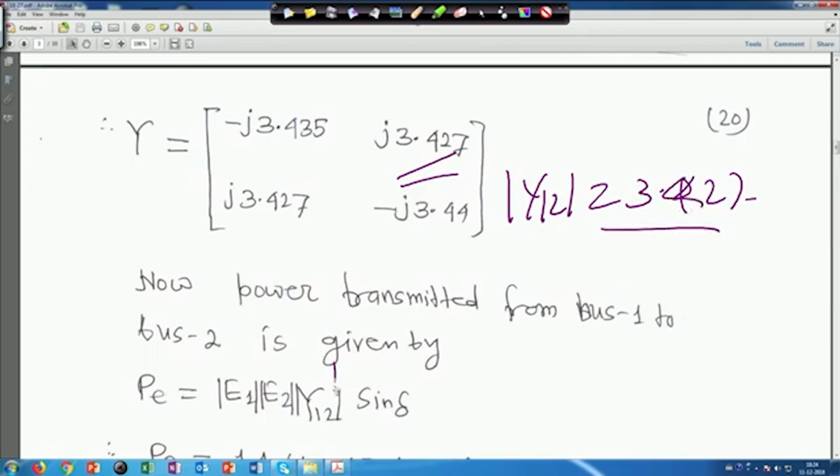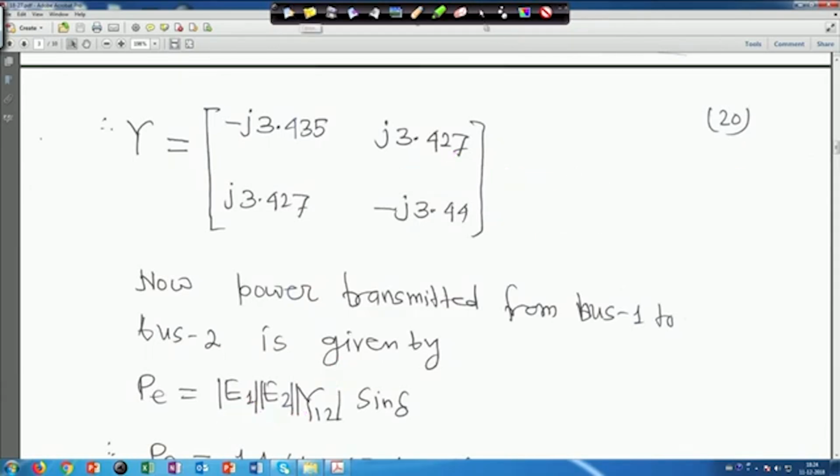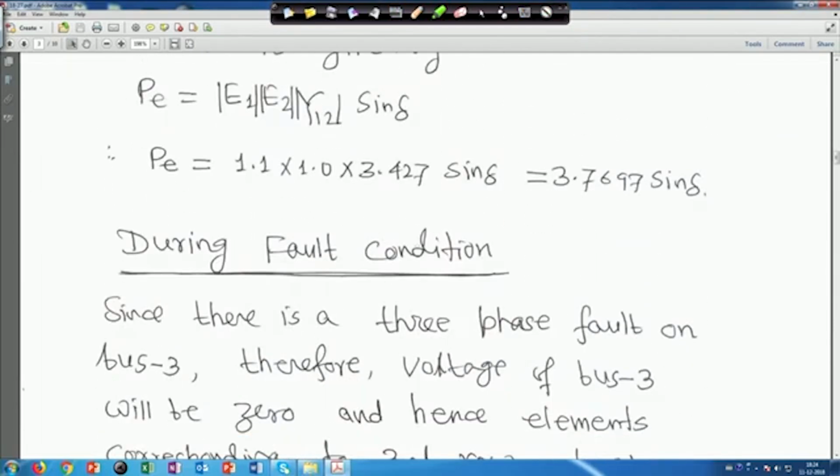So, during your pre-fault condition, P is equal to 1.1 into 1.0 into 3.427 sin delta. So, this is actually 3.7697 sin delta, this is your pre-fault condition, right.